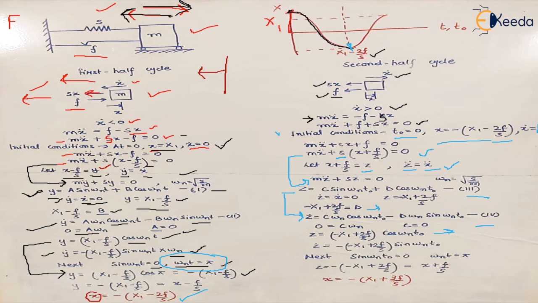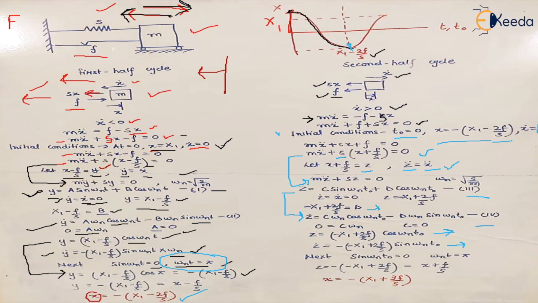The displacement in terms of z will be minus x1 plus 2f upon s times cos omega n t naught, and the velocity will be this, the negative of x1, because differentiation of cos gives a minus sign. So it is minus x1 plus 2f upon s sine omega n t naught.